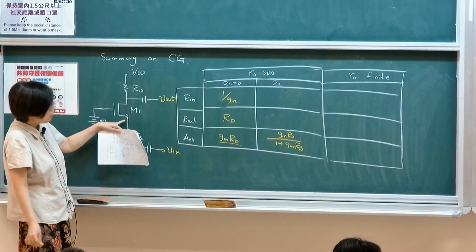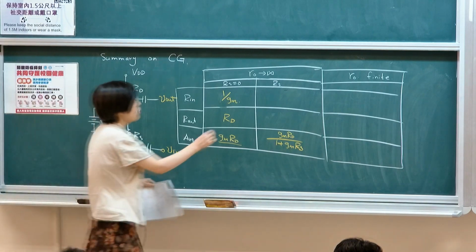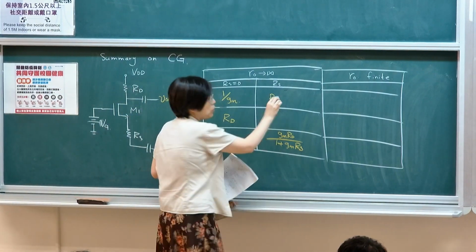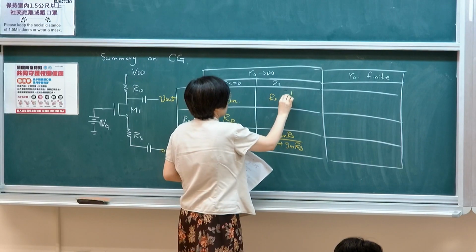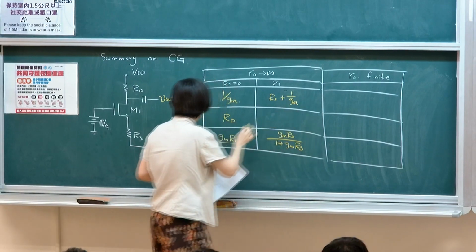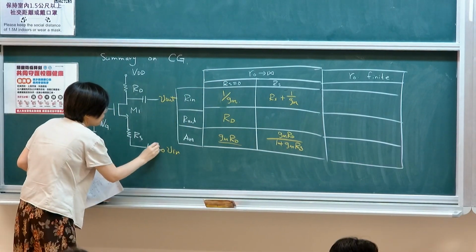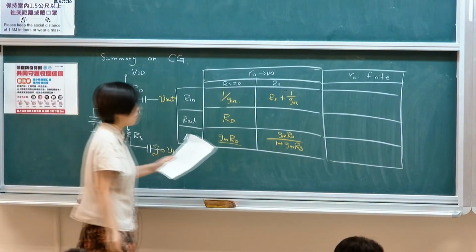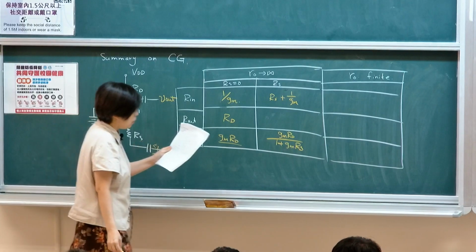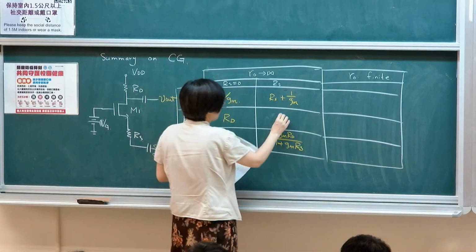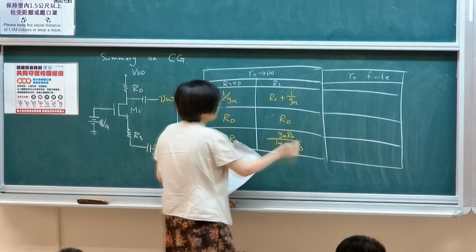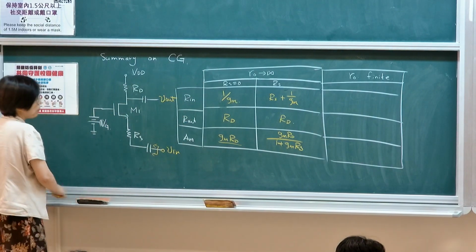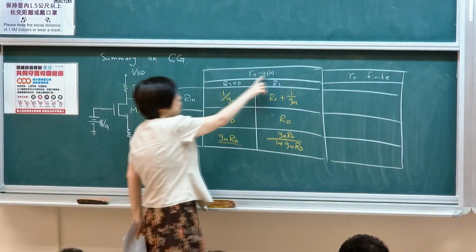And its gain, if it's stacking up, will be RS plus, if you're assuming it's coming in from here. And then I would consider my output. There's no impact on the output, because I'm assuming there's no bridge in between the two.